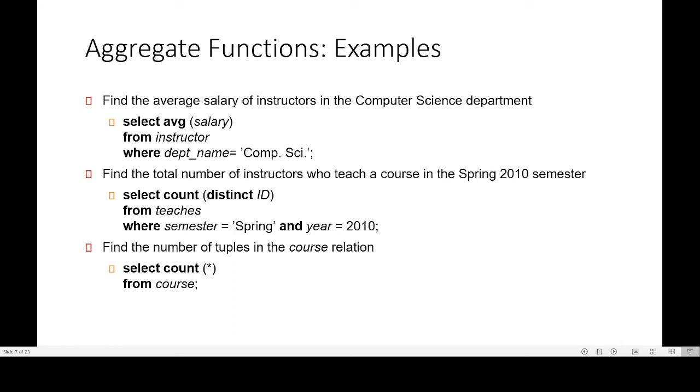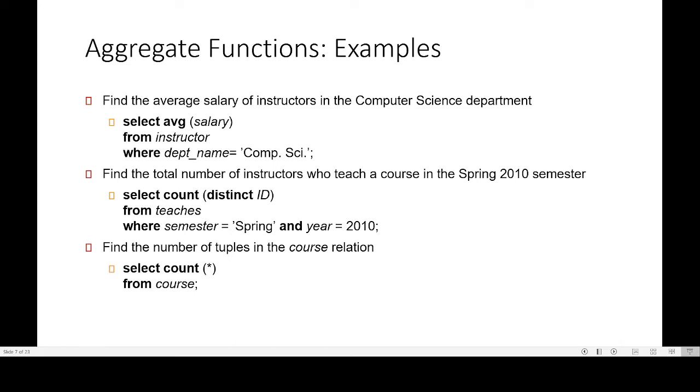Now suppose we want to find the number of tuples in the course relation. So suppose we have a table named course, and we want to find the number of tuples in the relation course. Tuples means the number of rows. So how will you find that? Number means we can use the aggregate function count.